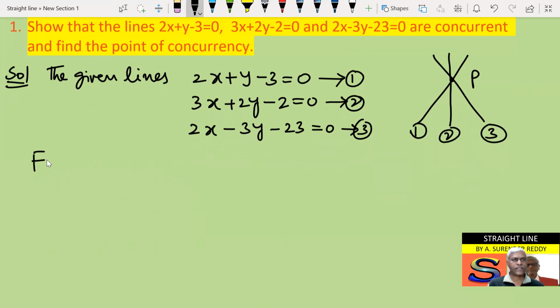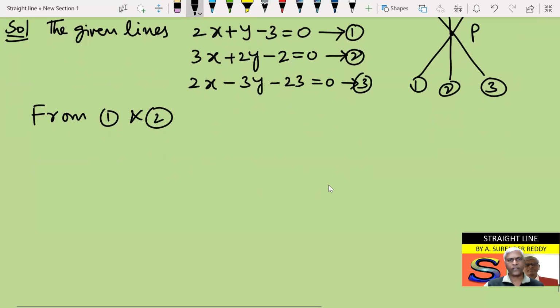Now from 1 and 2, that is solving 1 and 2. You know how to solve. There are 2-3 methods. You can go for any method. Now let us take the direct method. x, y, 1.